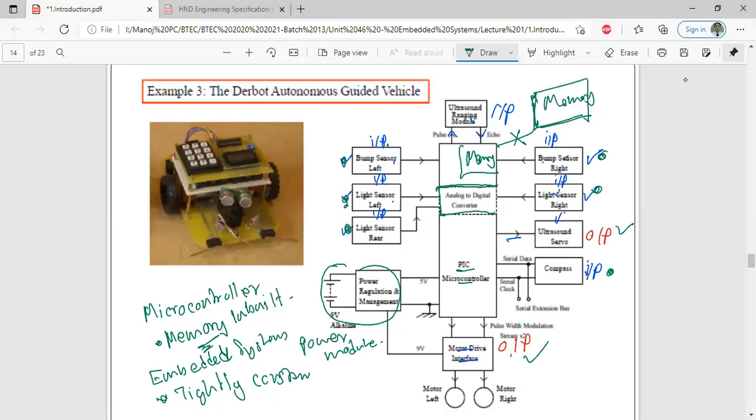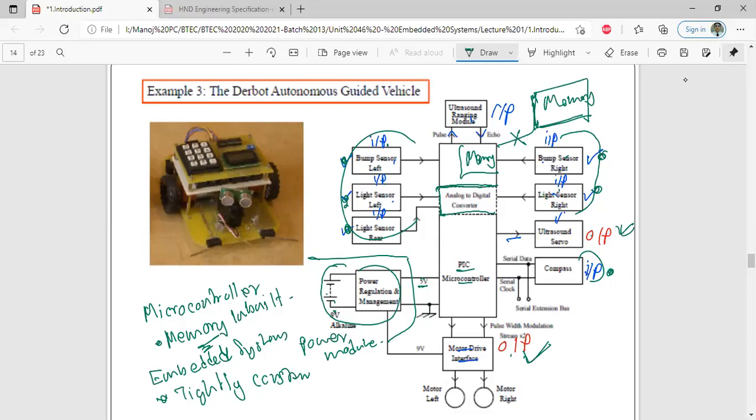But we have these inputs, then outputs we have, and we have to give supply like 5 volts. So in order to give this supply, we should have this power unit, right? This is working as DC regulation, so from 9 volts to 5 volts we are giving to the big microcontroller.